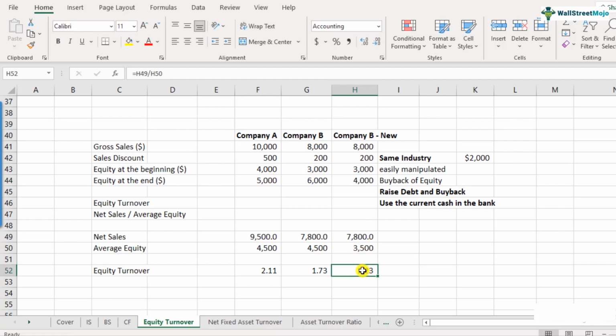Now look at the equity turnover ratio. What has happened to the equity turnover ratio? Equity turnover ratio has increased to 2.23. So what I was trying to tell you is that the management can impact the equity turnover ratio by changing the capital structure of the company. The capital structure of the company changes by raising debt, and then you go into the buyback and reduce your equity further.